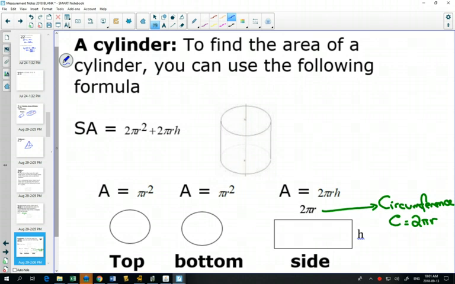But if you understand where it comes from, if you can understand that, oh, it's just a circle on the top and a circle on the bottom, that means I have 2 pi r squareds, this part makes sense. And if you know that the wrapping around is just circumference times height, then this part makes sense.